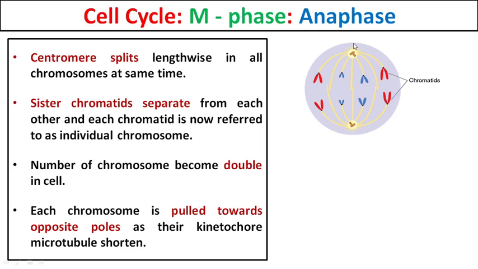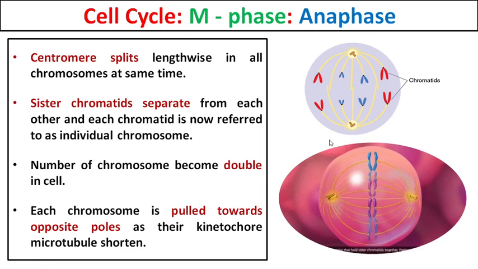One will be pulled toward the north pole and another one towards the south pole. As the kinetochore microtubules shorten, these kinetochore microtubules will keep on reducing in length, and this is how the chromosomes are pulled apart. You had all the chromosomes at the metaphase plate, and now they will separate. Clear?